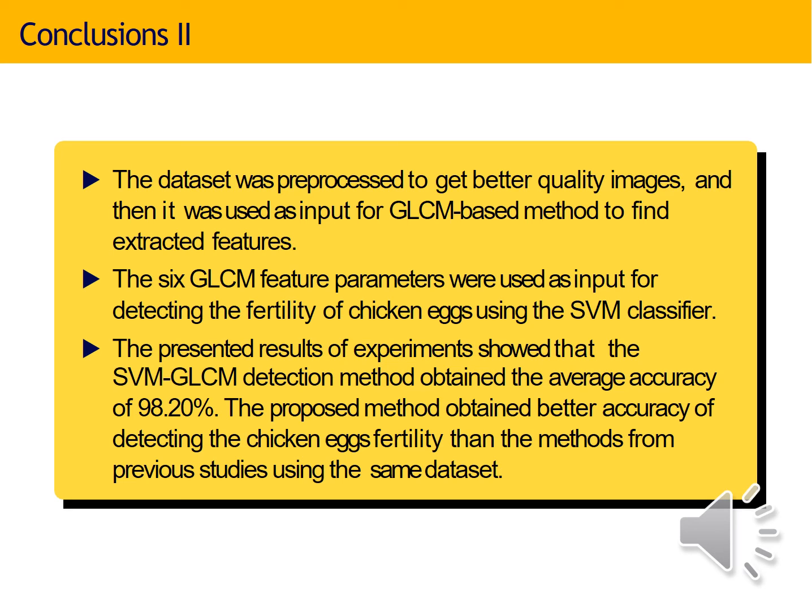The 6 GLCM feature parameters were used as input for detecting the fertility of chicken eggs using the SVM classifier. The present experimental results show that the SVM GLCM detection method obtained an average accuracy of more than 88%.